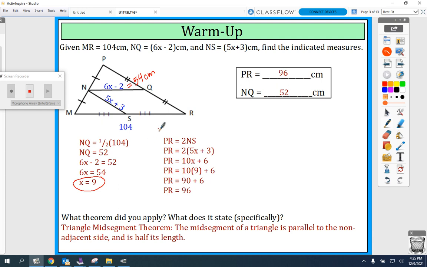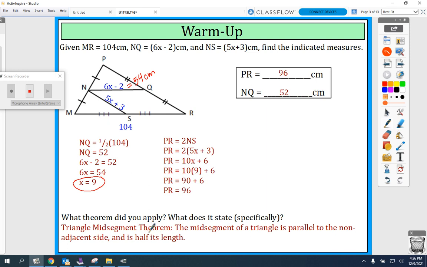Once we get that x equals 9, we can plug in and know that PR is double NS. We have one of two ways of doing this. We can just set an expression. So PR is 2 times 5x plus 3, so PR is 10x plus 6. Substitute a 9 in, and we get that PR is 96.